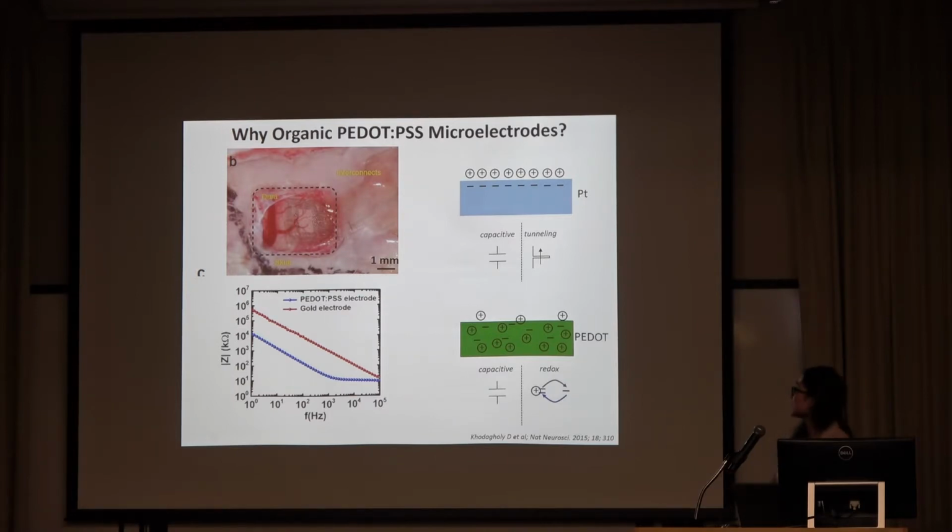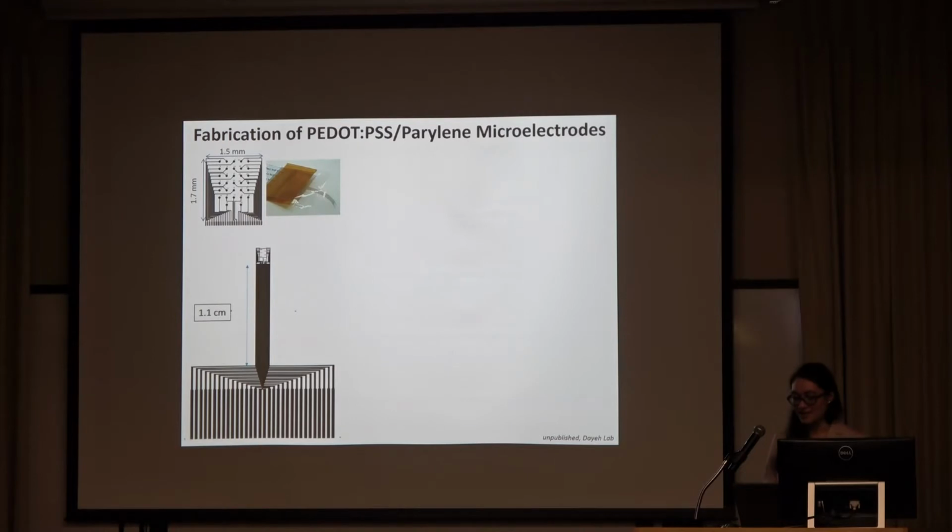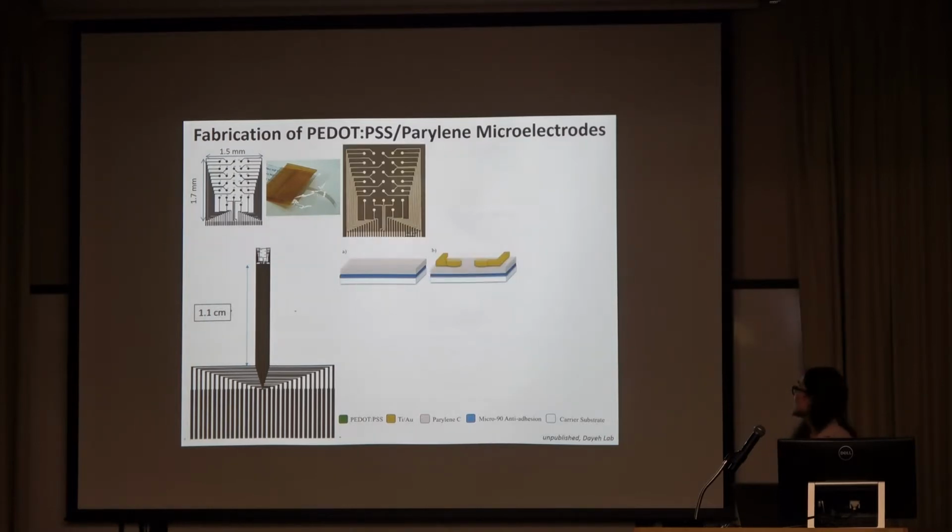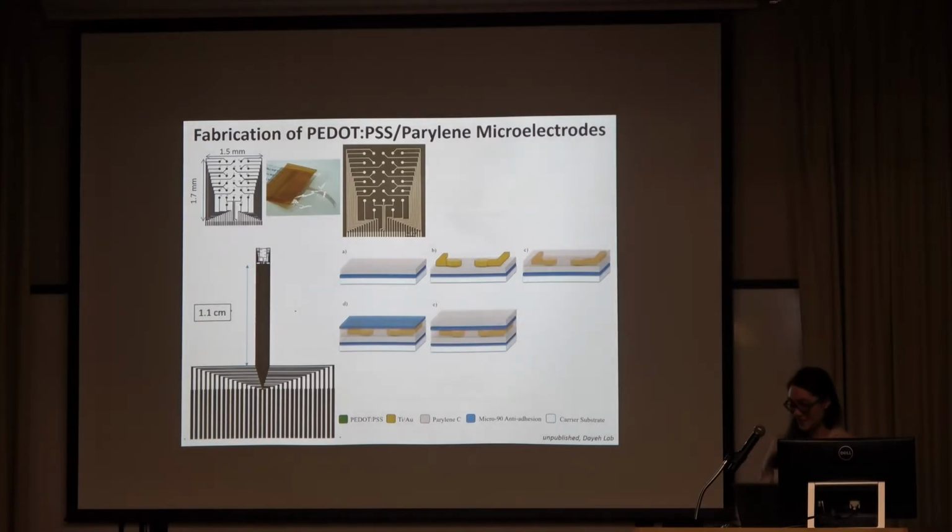For the device itself, the way I start fabricating it is with a very hard carrier substrate, and I incorporate an anti-adhesion layer, and then have our base parylene C layer. I then pattern and deposit titanium gold, which acts as our metal electrode and leads. I encapsulate this with another layer of parylene C, add another anti-adhesion layer, as well as a third layer of parylene C, which will act as a sacrificial layer.